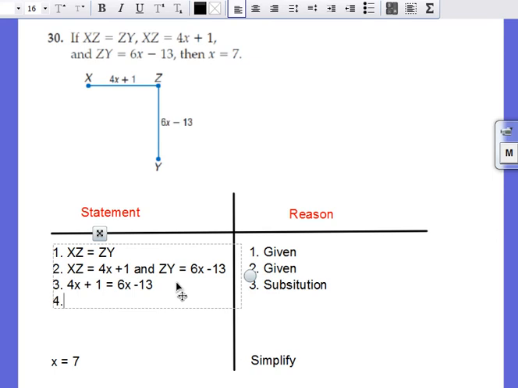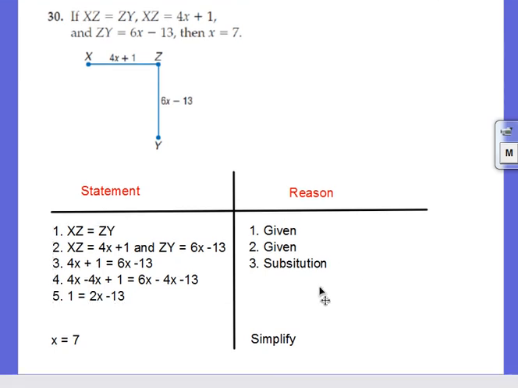Now in the fourth step, we have options. So what I'll do is I'll just move the 4x to the other side by subtracting. And then I'll just do the simplification of that, in other words, work it out. So all I have left on the left side is 1, and that equals 2x minus 13.